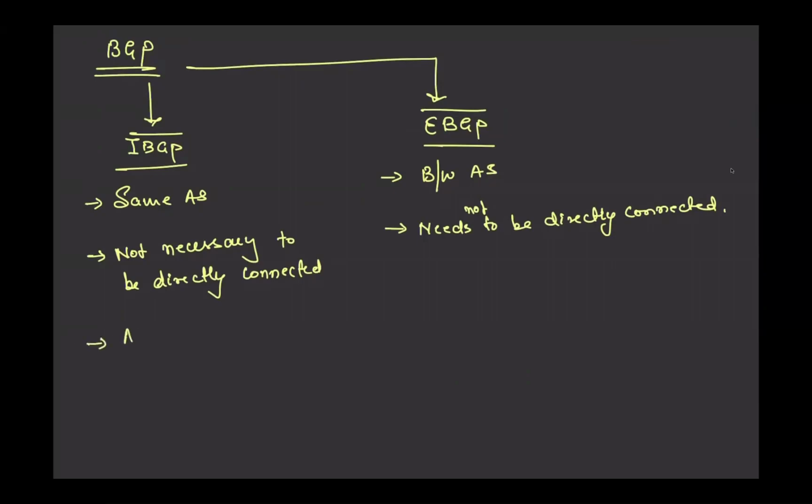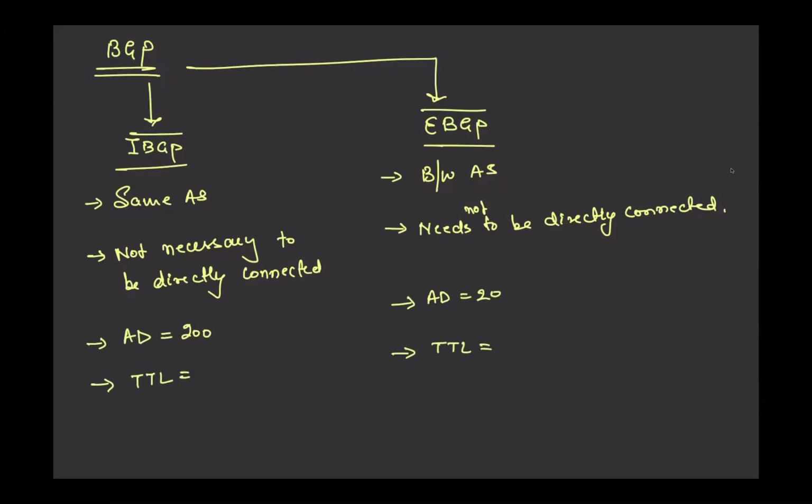Okay. What in terms of AD? AD value is 200 for iBGP and 20 for eBGP. Okay. What is in case of TTL?